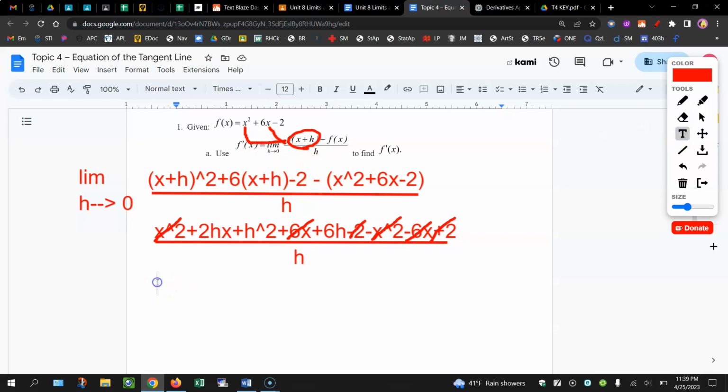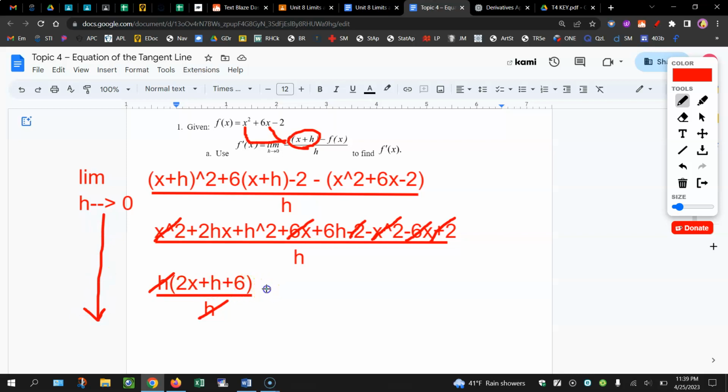All right, next step, I'm going to do a couple steps in one. I'm going to factor an h out of these three terms. So h times 2x plus h plus 6, divided by h. At this point, you can factor out the h's. And this, you're bringing all the way down.